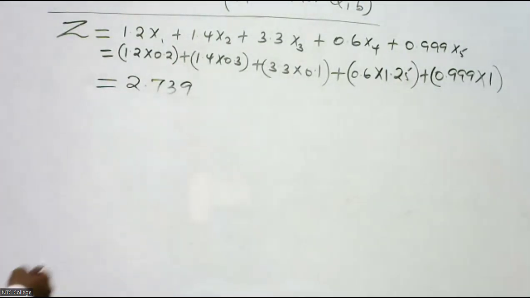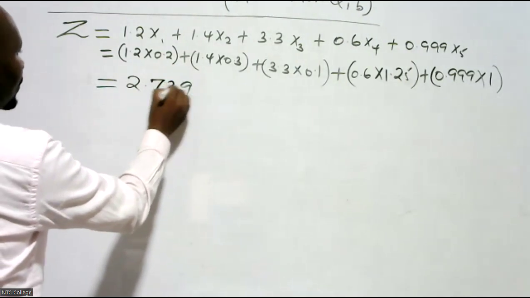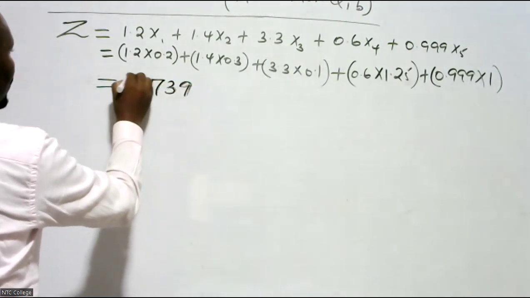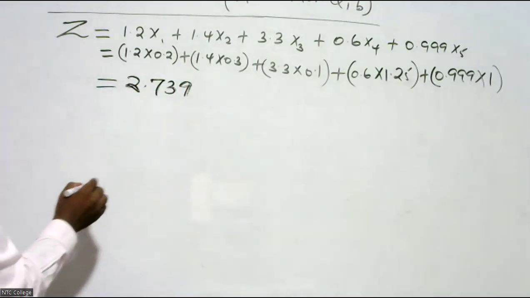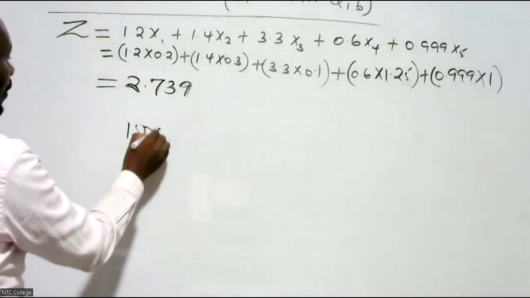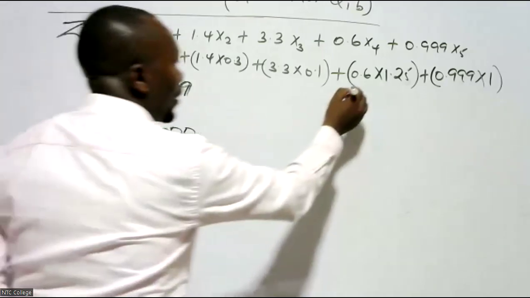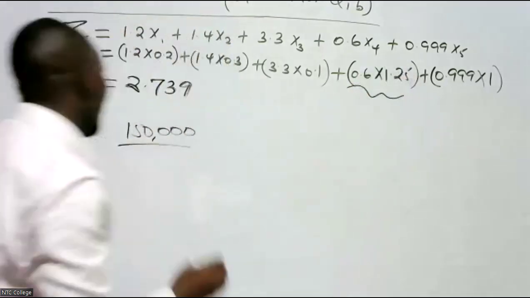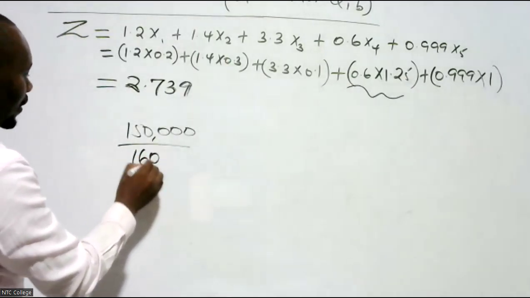So that we have that was 150 all over. So we are only trying to prove this one. 150 all over 160.